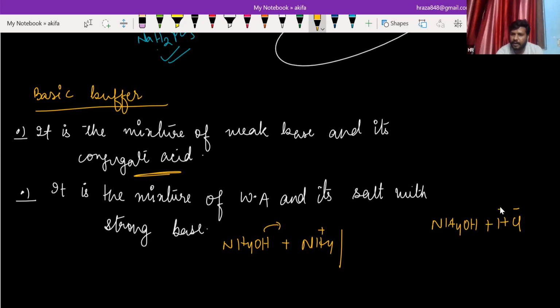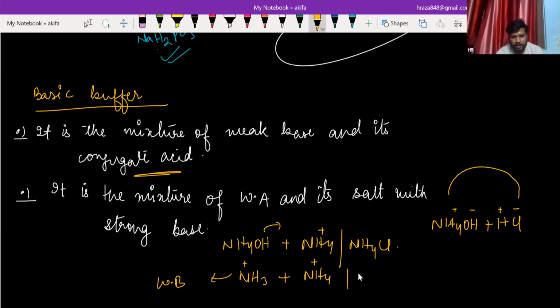You know this is negative, this is positive, so the salt formed will be NH4Cl. And NH3 is also a weak base. What will be its conjugate acid? It will gain H plus, so it will be converted into NH4 positive. Its salt with a strong acid will be the same.